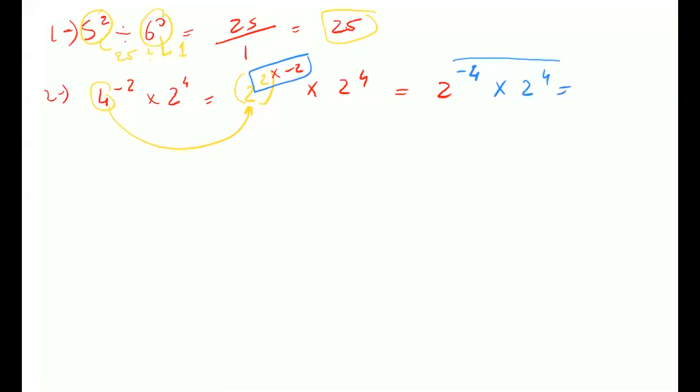So we add: 2 power negative 4 plus 4 is 2 power 0, which equals 1. Actually, you can say that 2 power negative 4 is 1 over 16, times 16, it will be 1. I just wanted to expand it to show you how things work.